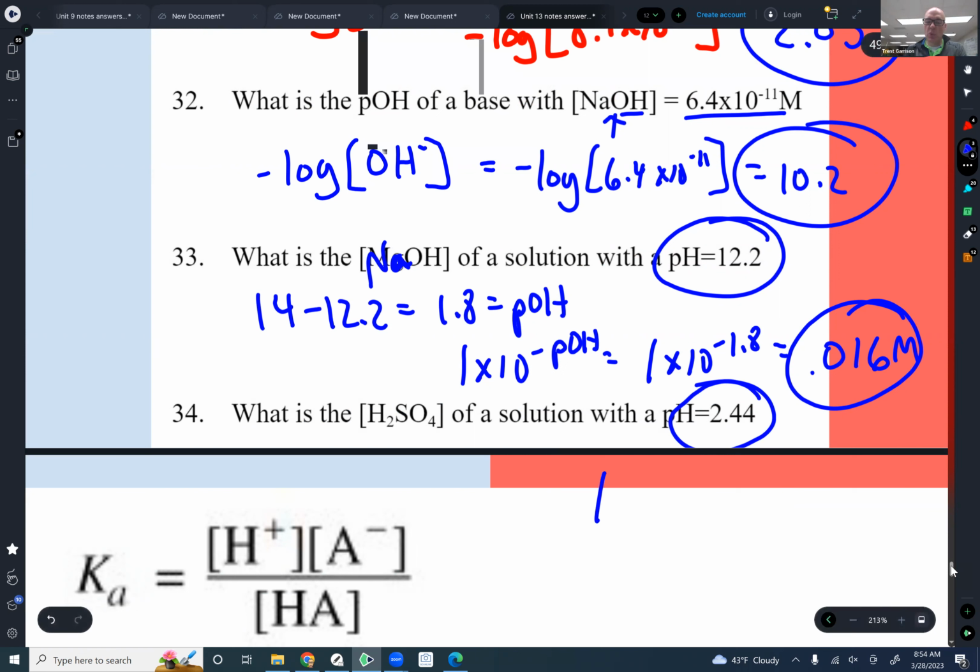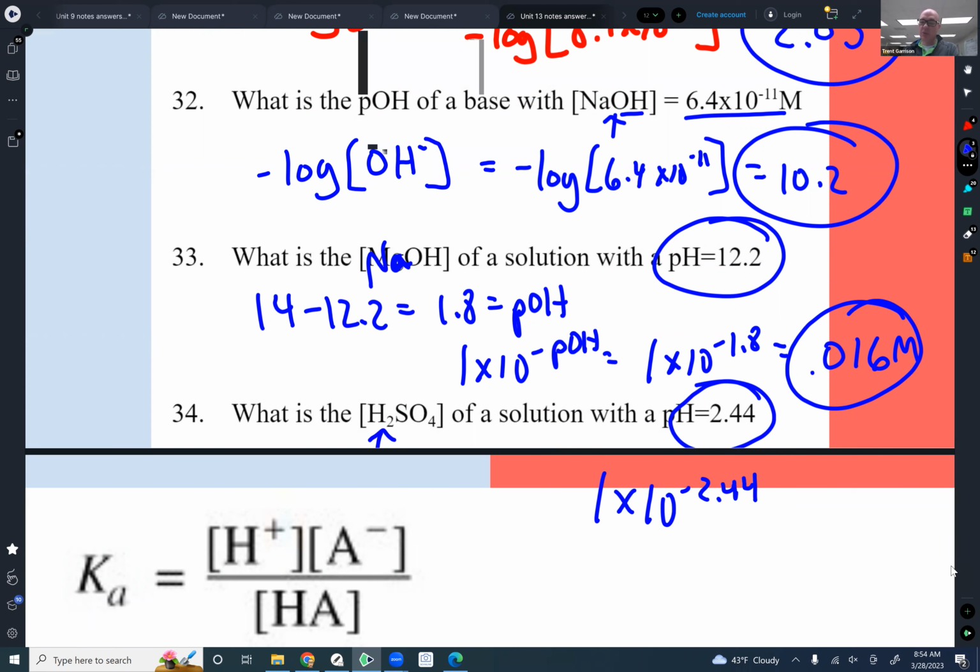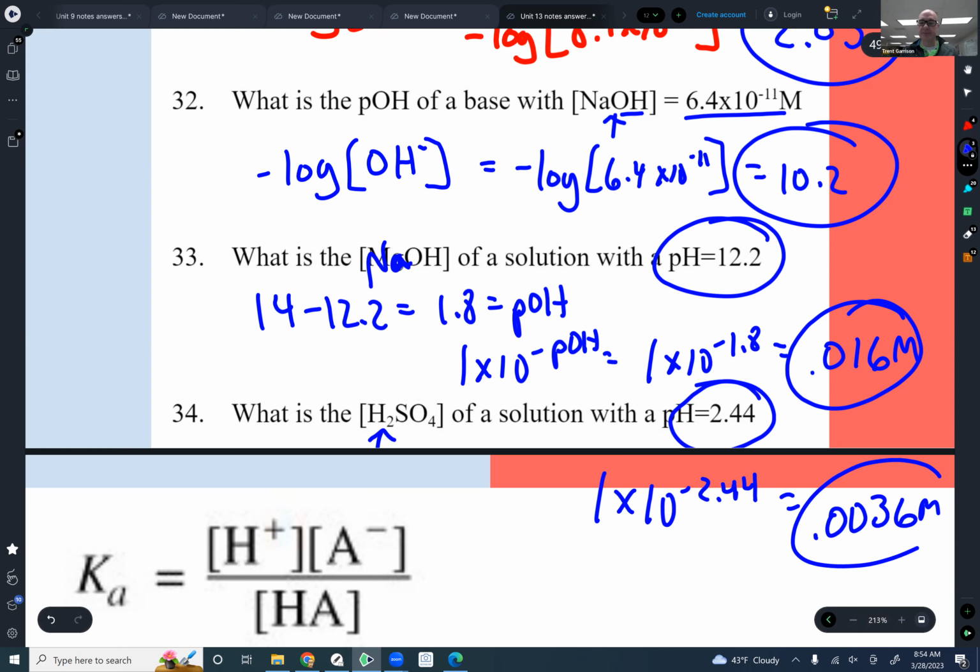We'll do 1 times 10 to the negative 2.44, because this time this is an acid, so we don't need to flip it. So we're just practicing one more time. 1 times 10 caret negative 2.44, and you get 0.0036 molarity.